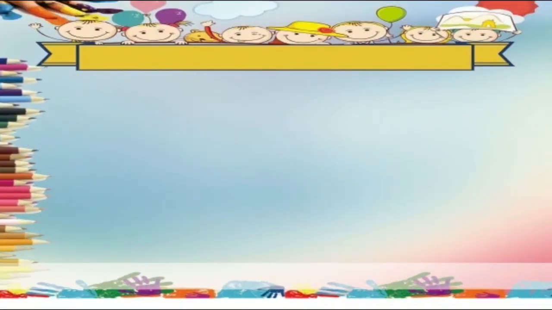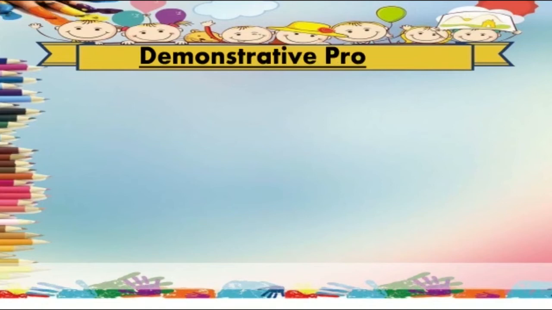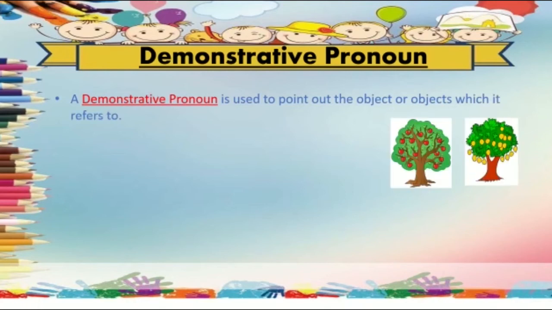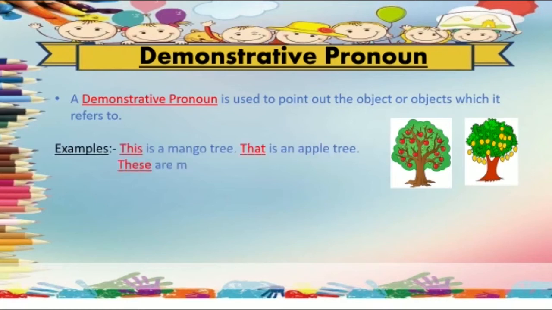Now let's know about demonstrative pronoun. A demonstrative pronoun is used to point out the object or objects which it refers to. For example, this is a mango tree. That is an apple tree.